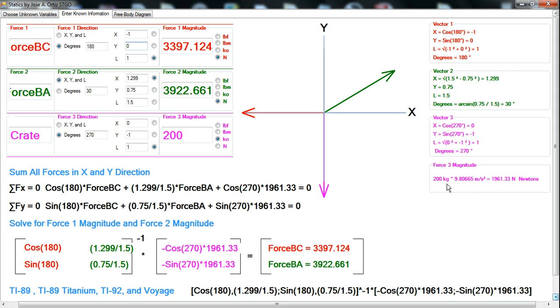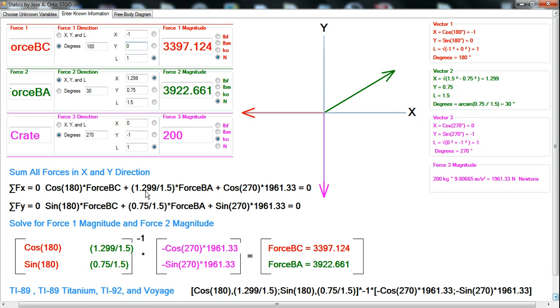And so what we do next is we sum all the forces in the x and y direction, and we can start with force BC. So cosine of 180 degrees times force BC plus 1.299 divided by 1.5 times force BA plus the cosine of 270 times 1961.33.